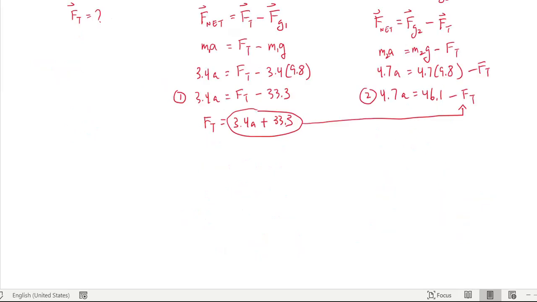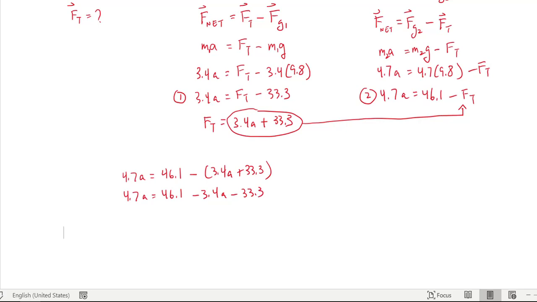So if I do that, I get 4.7a equals 46.1 minus (3.4a plus 33.3). So 4.7a equals 46.1 minus 3.4a minus 33.3.